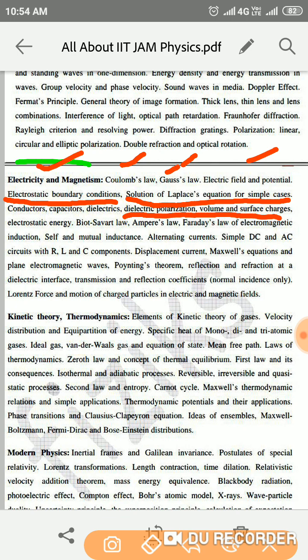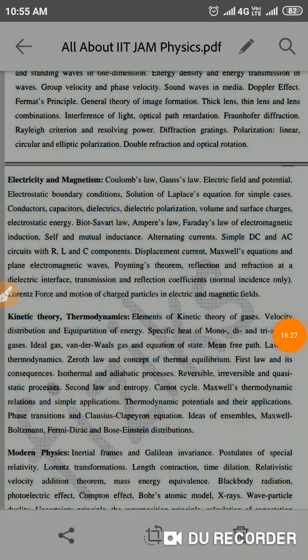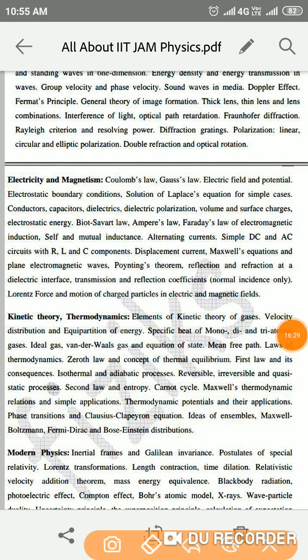Okay. So now moving towards the magnetostatics part. In this, you all know that there is Biot-Savart law, Ampere's law, Faraday law of EM induction, self and mutual inductance, and all that. One thing that is new in this for Faraday law of EM induction and self and mutual inductance is that you have to learn to express it in differential form.